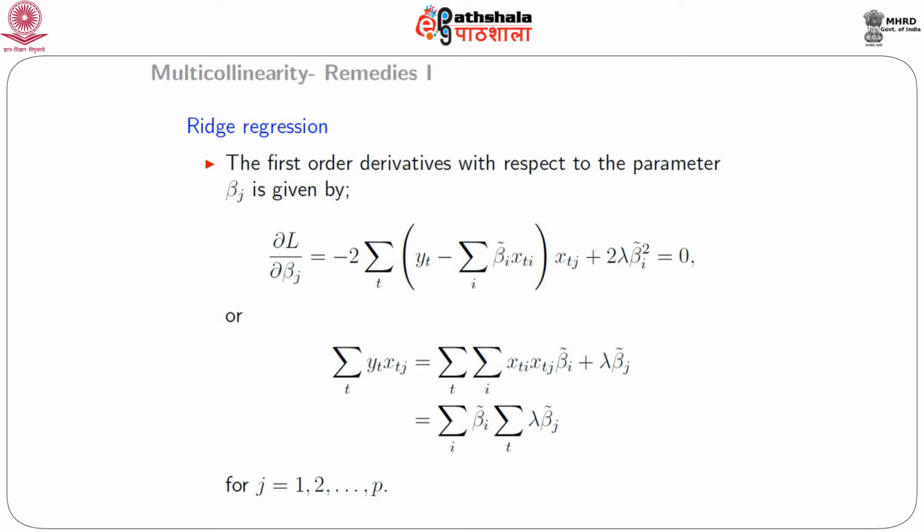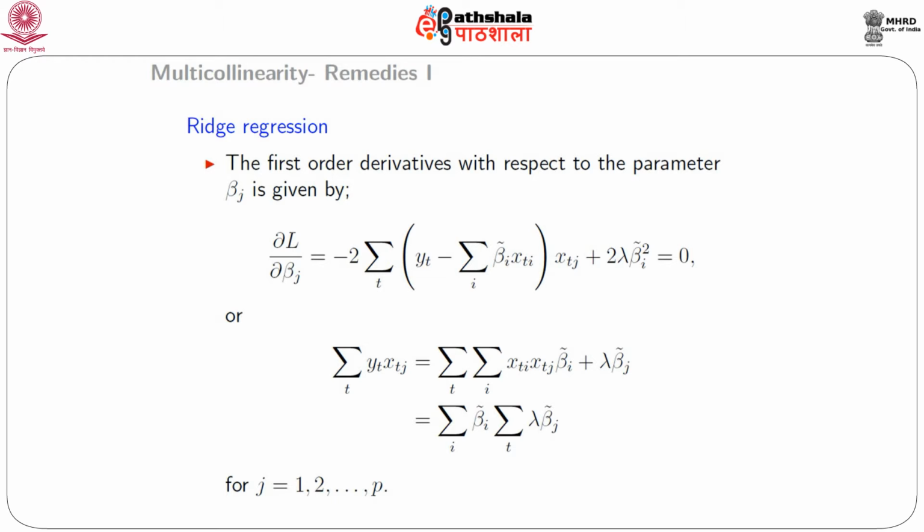So we have summation t y t times x t j equals summation t summation i x t i x t j beta i tilde plus lambda times beta tilde j, and the summation can be separated and written as summation t y t x t j equals summation i beta i tilde times summation t x t i x t j plus lambda times beta j tilde, for all j equals 1, 2 to p.